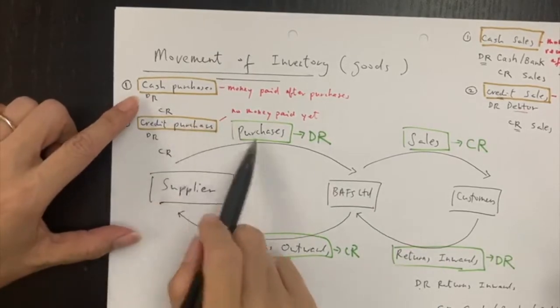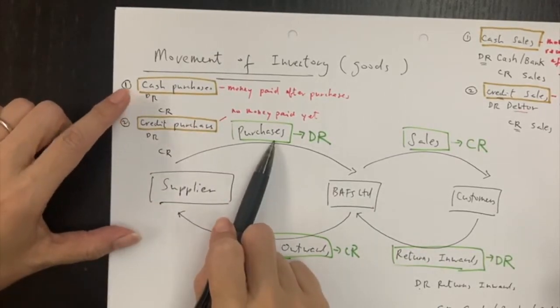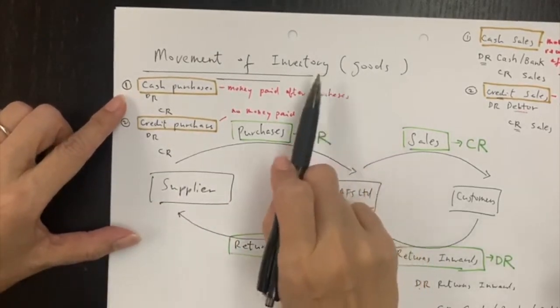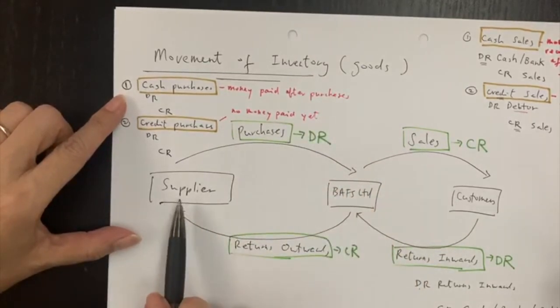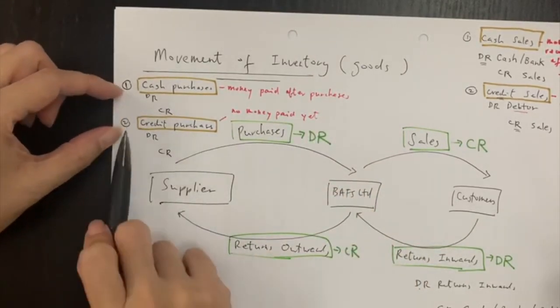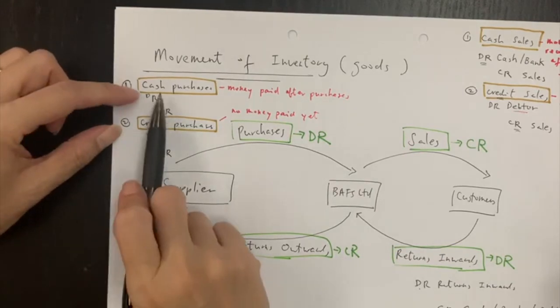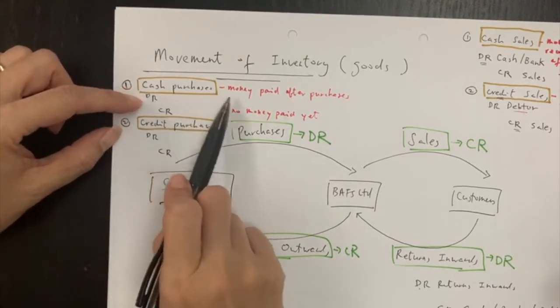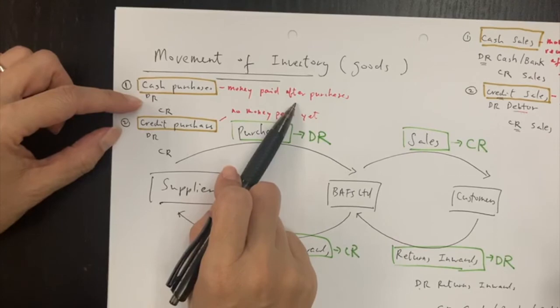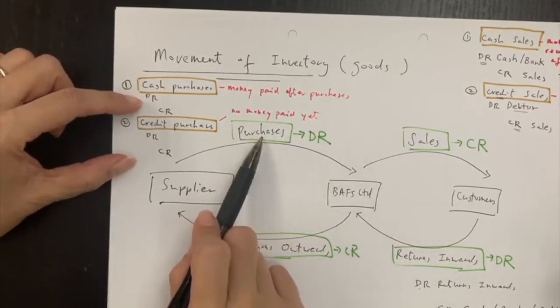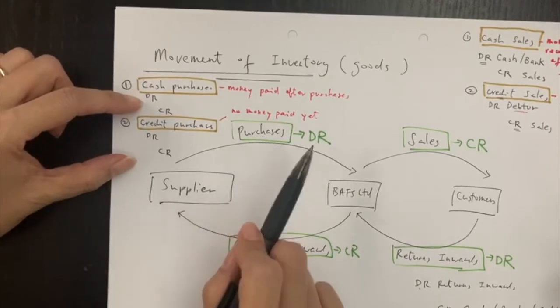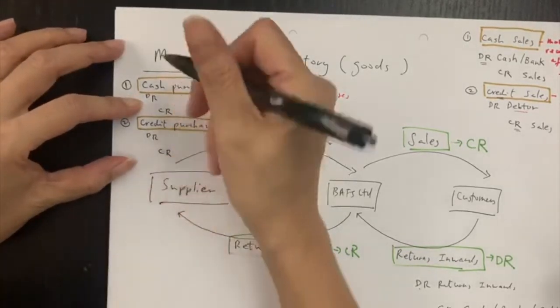Okay, next we come to purchases. Purchases means we buy goods, we buy inventory from the supplier, and there are also two situations for purchases. One is cash purchases. It means that we pay money right away after buying goods from the supplier. So what do you think about purchases? Purchases is a debit item, so here I debit purchases.